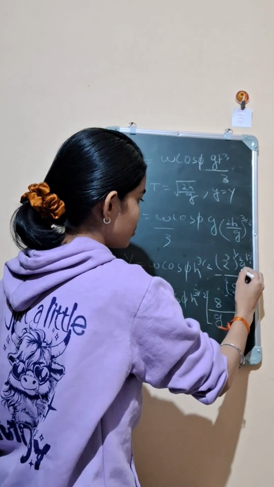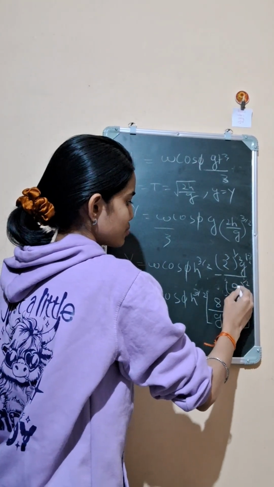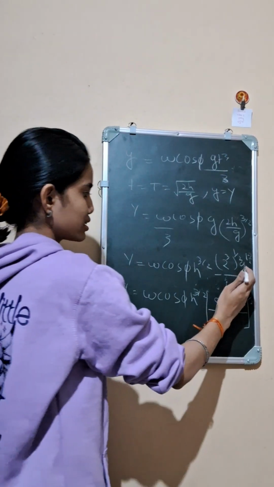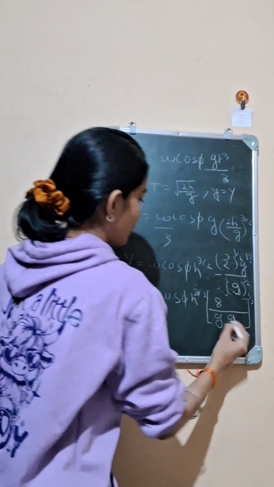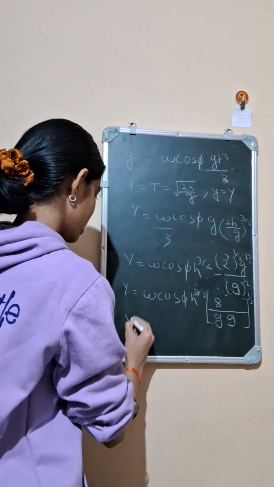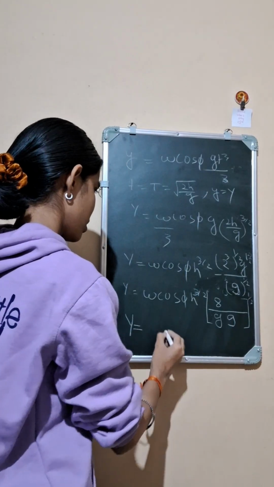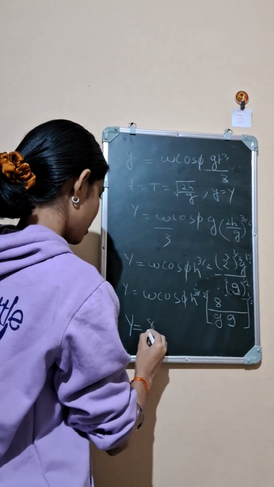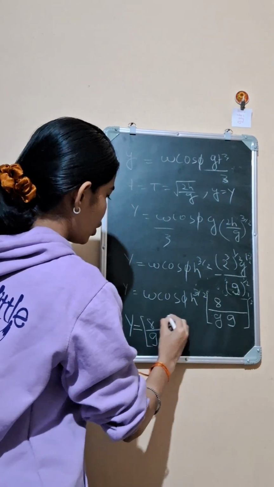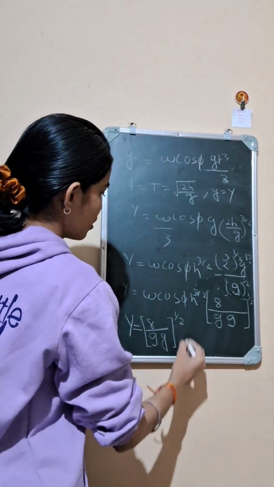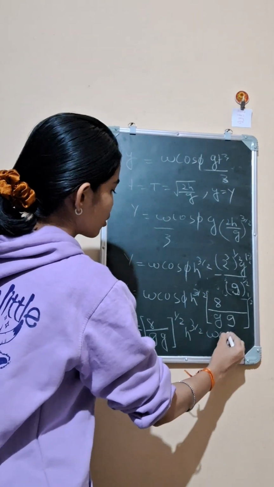So here g to the power minus 1 and 9. Maybe my g and 9 look the same, but as I am speaking, you can understand which is 9, and 9 to the power 1 by 2 means 9. So just write this equation as 8 by 9 g to the power 1 by 2 h to the power 3 by 2 omega cos phi.